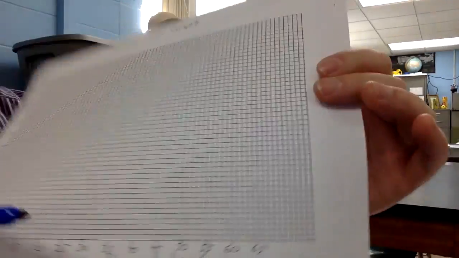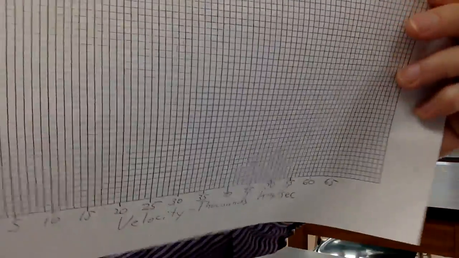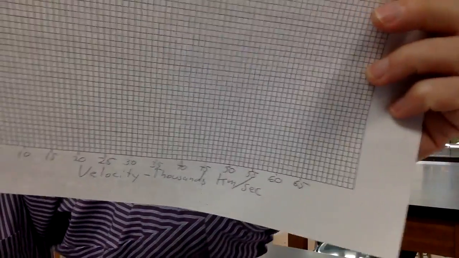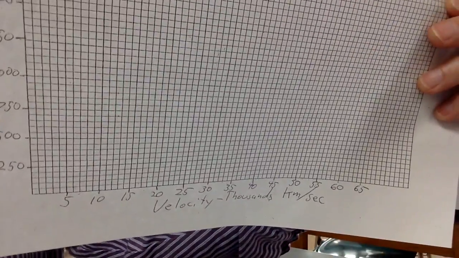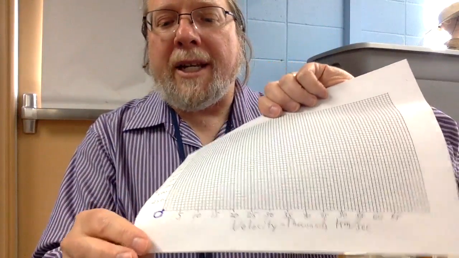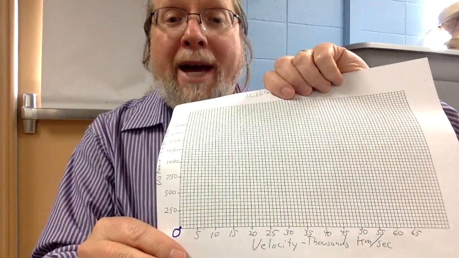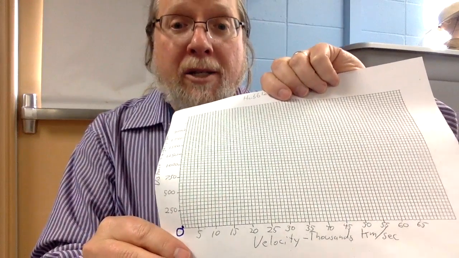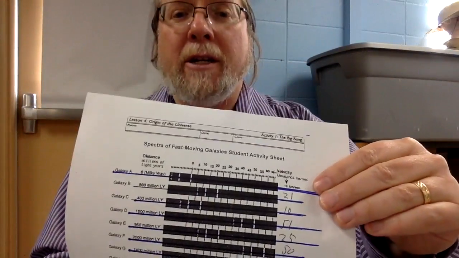Back to our graph. The graph is in need of a 0 where the two axes meet, and I'm going to put that on right now. So now I've placed a 0 where the two axes meet. Next, I'll need to refer to the numbers on my data sheet.